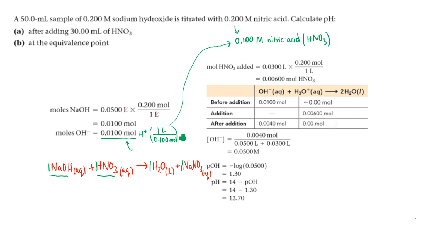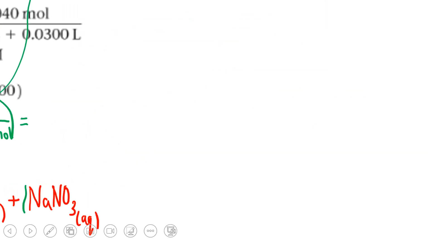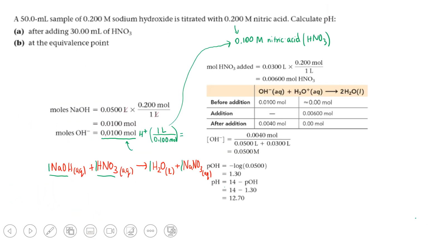So now what's my new equivalence point? 0.0100 divided by 0.100 is just going to be 100 milliliters. So now my new equivalence point is 100 milliliters.